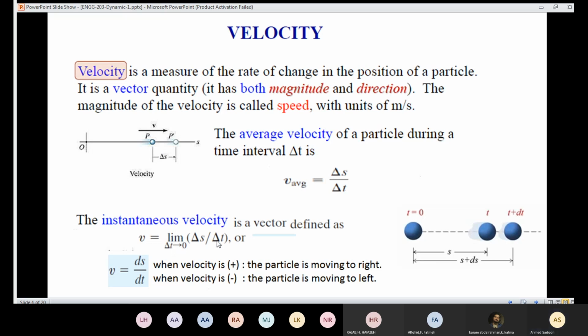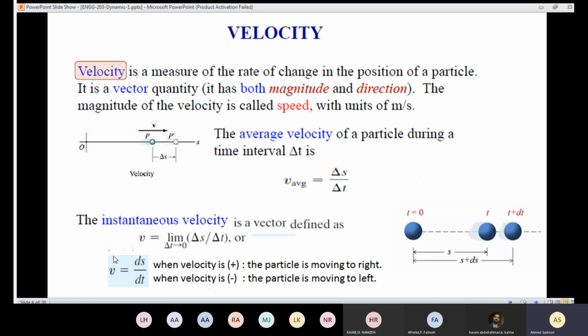And from math, we know this can be expressed as v equals ds over dt. We call this instantaneous velocity. That helps us to determine the small change in the position with respect to the time. So we have the average velocity, and also we have the instantaneous velocity.